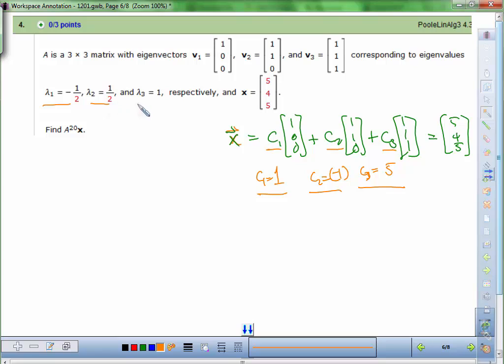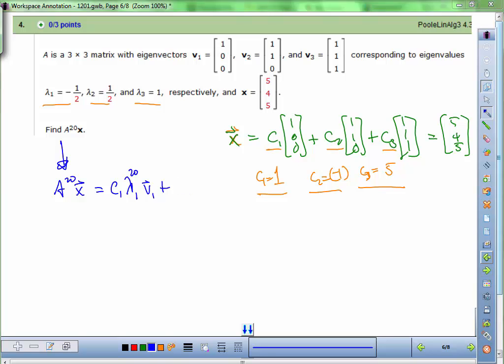And now we have these values over here. According to our theorem, A to the 20th times the vector x is supposed to be equal to C1 times the corresponding eigenvalue raised to that same power times our vector V1, right?